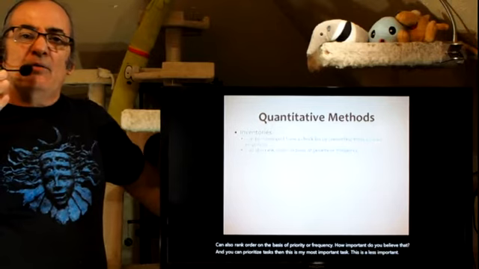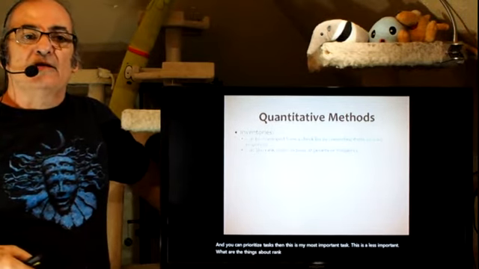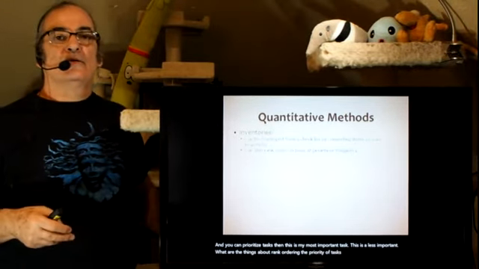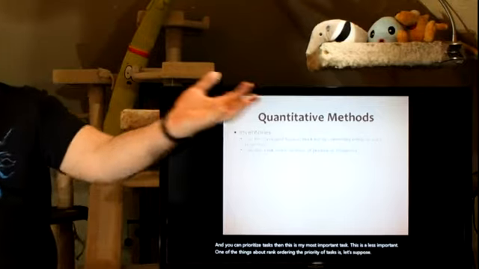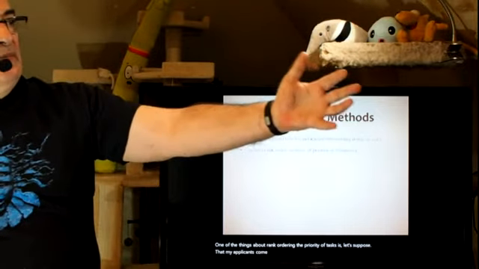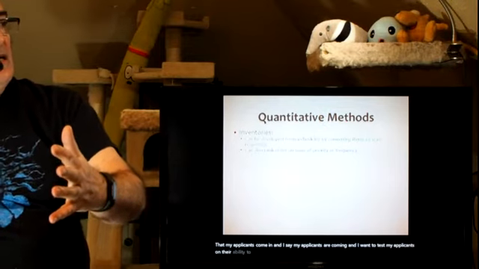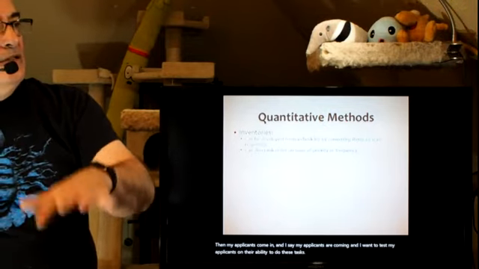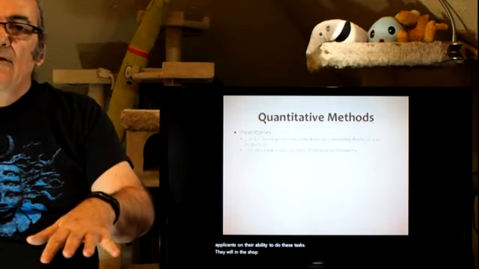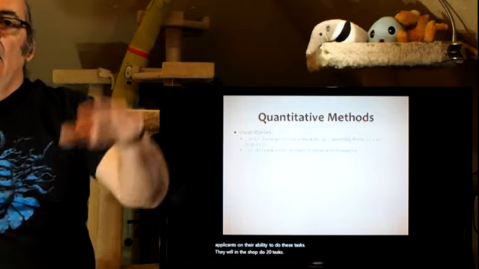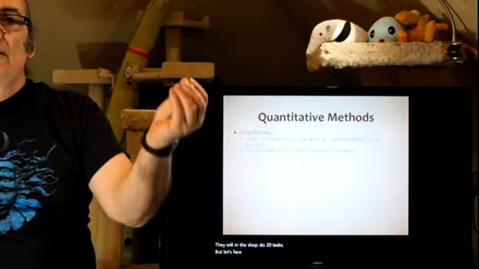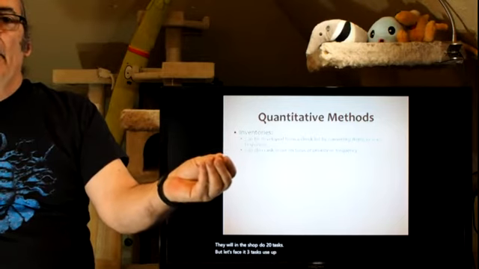One of the things about rank ordering the priority of tasks is, let's suppose that my applicants are coming in and I want to test my applicants on their ability to do these tasks. They will, in this job, do 20 tasks. But let's face it, 3 tasks use up 80% of the incumbent's time.